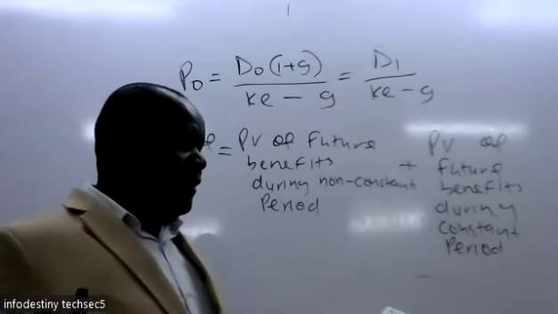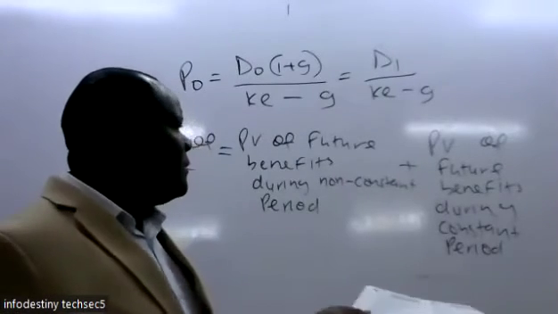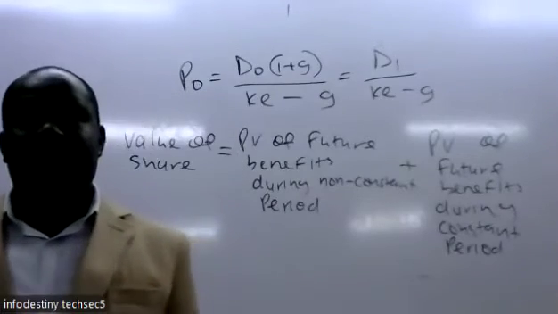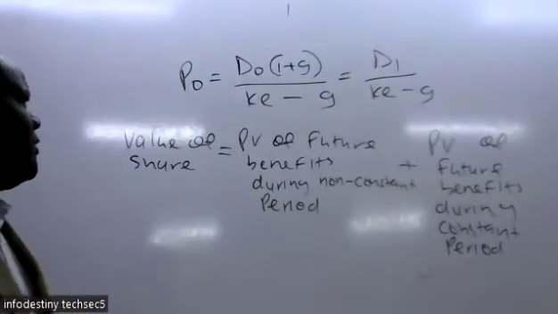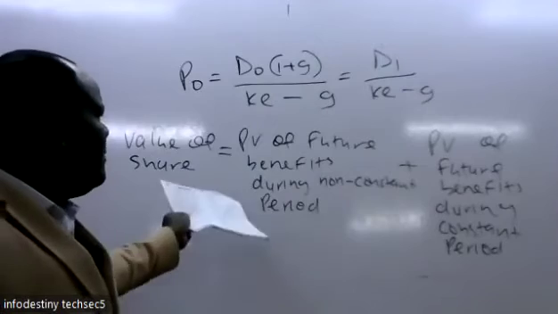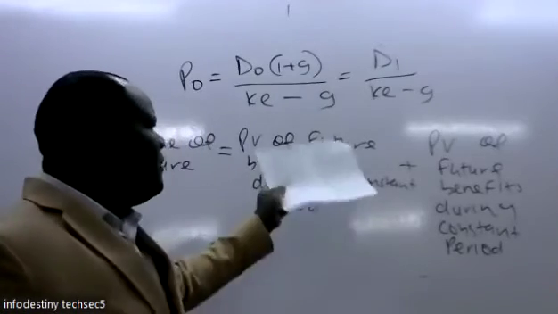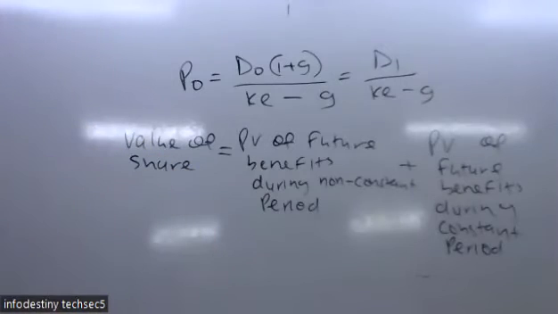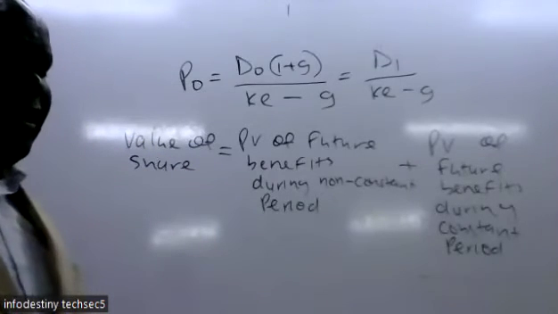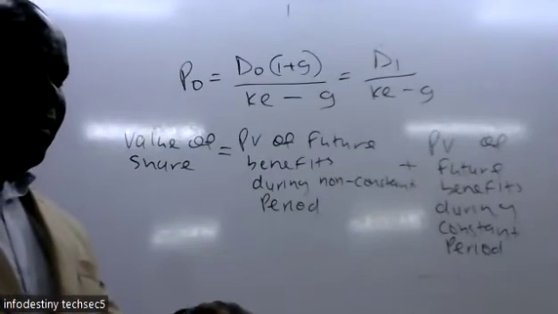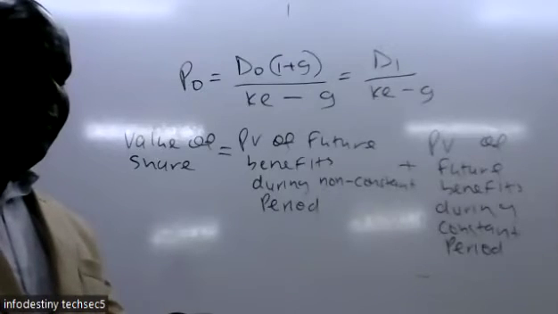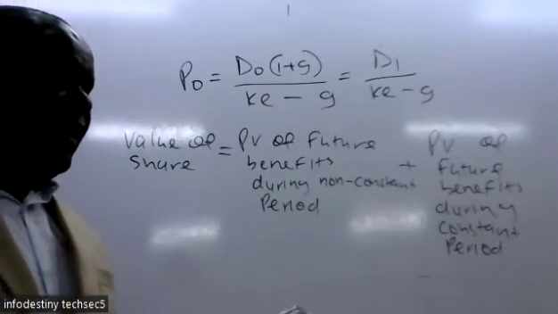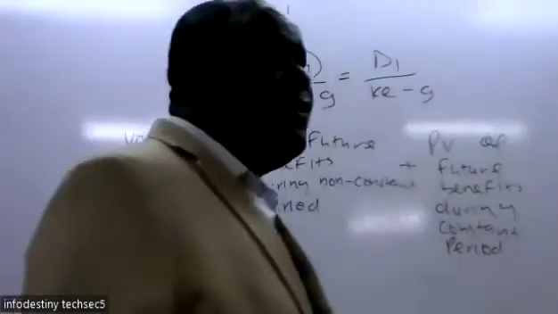But thereafter, it just remains constant. To get the value of that share, we shall get the present value of the future benefits during the non-constant period, then also add the present value of the future benefits during the constant period. One challenge is in note number 1: thereafter the annual growth rate will revert to the company's growth rate and remain constant each year to perpetuity.